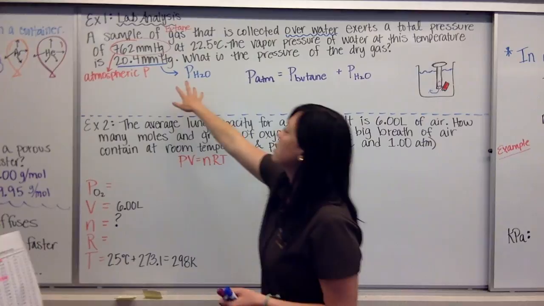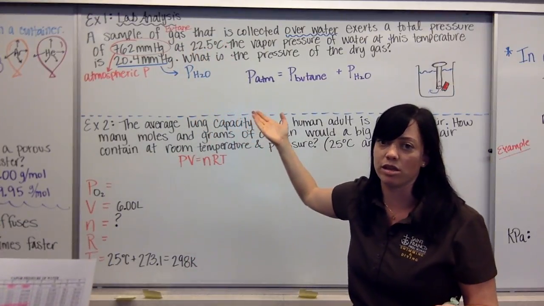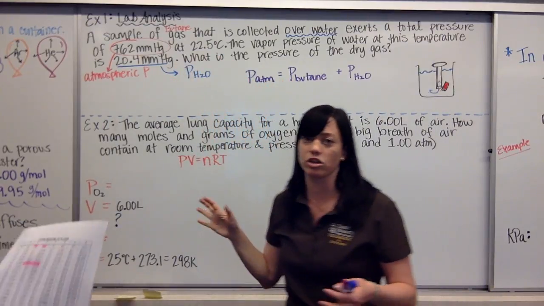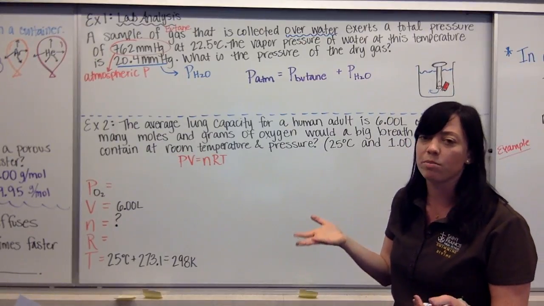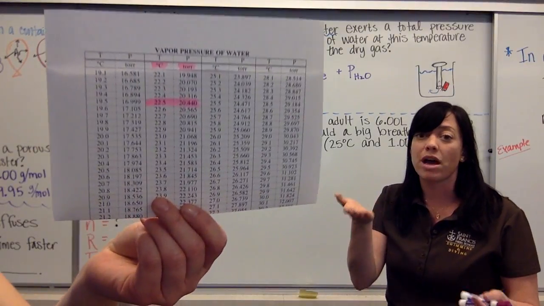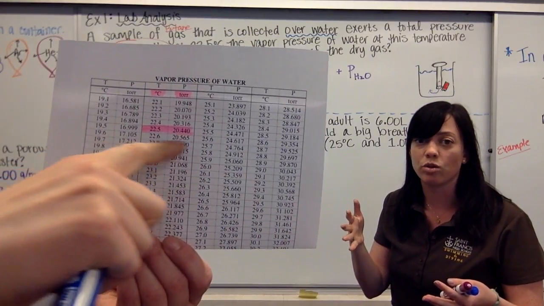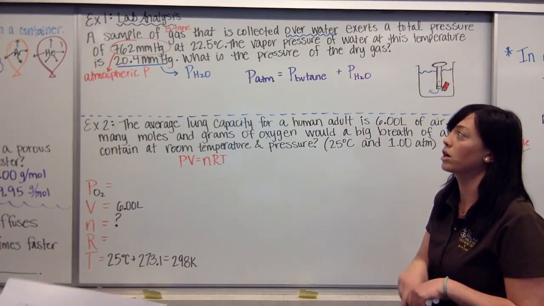The only reason that the temperature is given to us in this problem is because it can tell us what the partial pressure of water vapor is at room temperature. So we're going to measure the temperature in the lab, and then we are going to use this chart in the lab in order to figure out what the partial pressure would be.